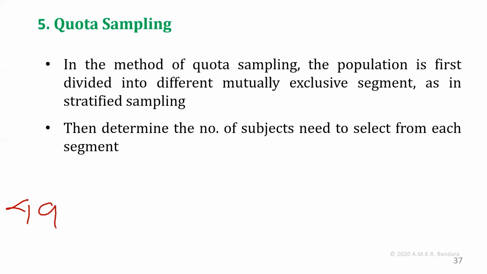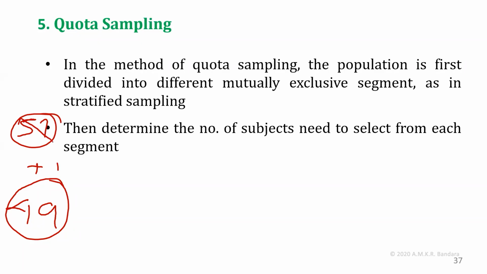Assume now you have collected information from 49 paddy farmers. Then again you are moving, and you find another paddy farmer. From that farm also you collect information. Then again you move, and you meet another paddy farmer, the 51st paddy farmer.